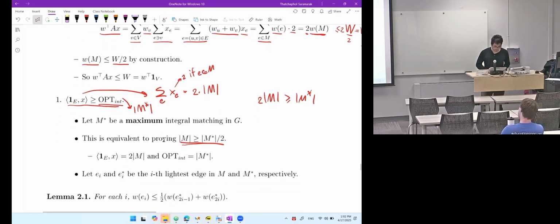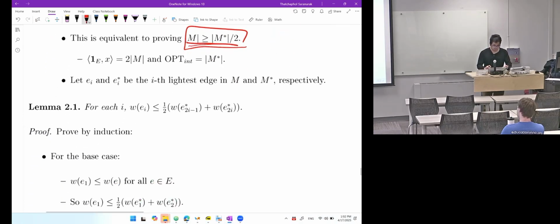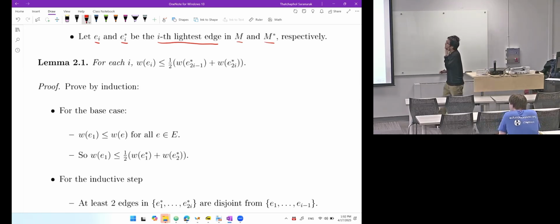Okay. To prove this, let's analyze something. Suppose that e_i and e_i star are the i-th lightest edges in M and M star. Now I'm going to show that the weight of e_i is at most the average weight of these two guys in M star.